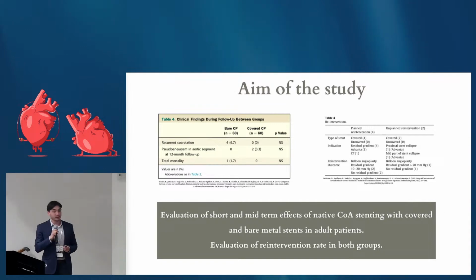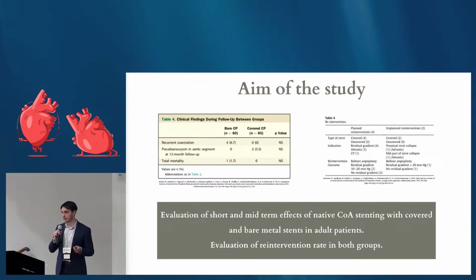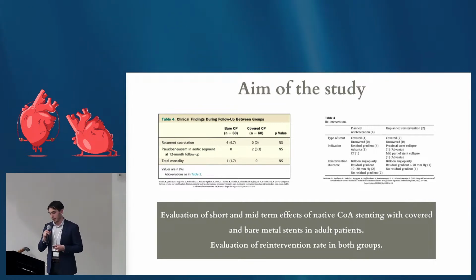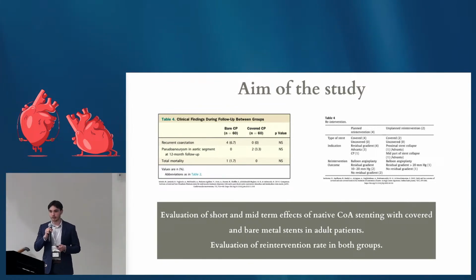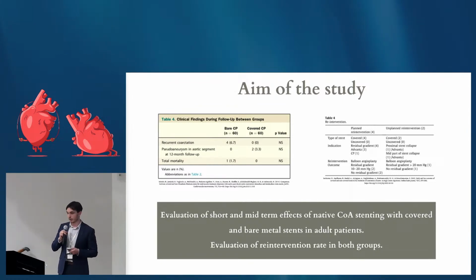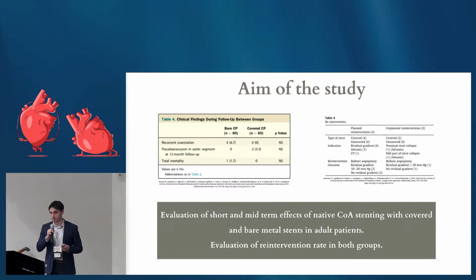Also, literature does not resolve whether bare metal stents or covered stents have a lower reintervention rate. So the aim of our study was to evaluate short and mid-term effects of stenting of native coarctation, and to evaluate the reintervention rate in both groups.